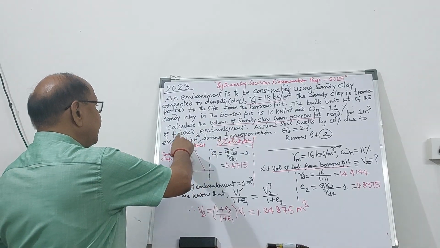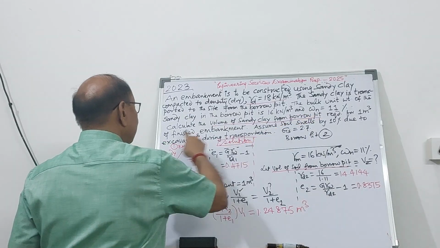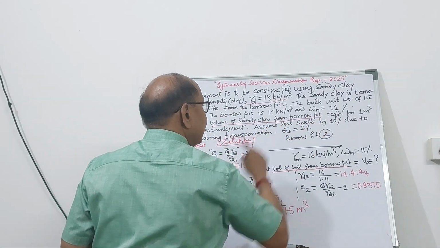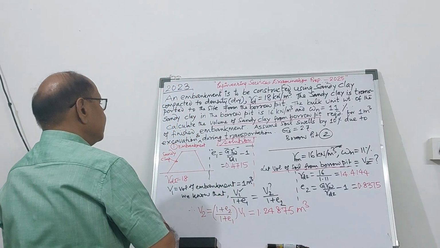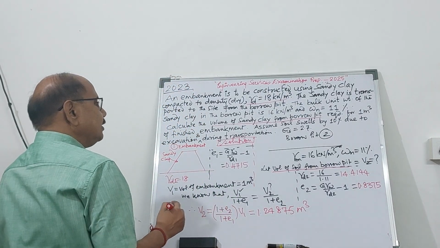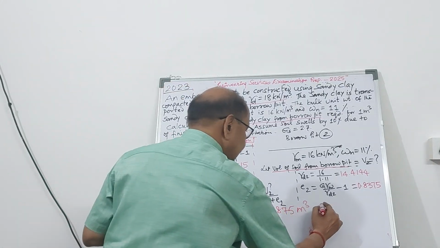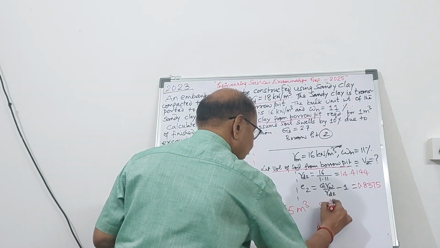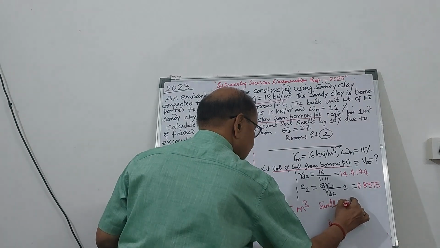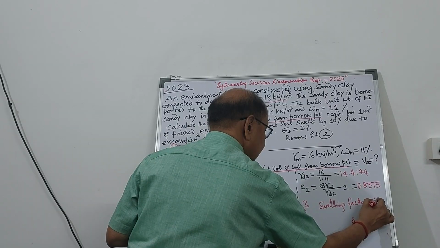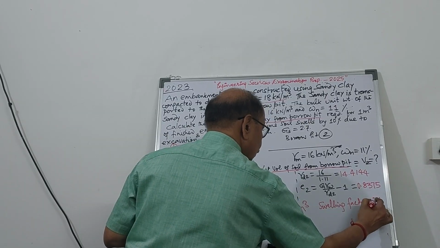But the next part, for 1 cubic meter of finished embankment, assume soil swells by 10% due to excavation and during transportation. So the swelling factor is also given. 10% means it becomes 1.1.